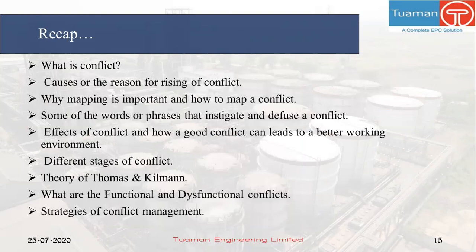What are the effects of conflict, the good, and how a good conflict can lead to a better working environment? What are the different stages of conflict? We have also covered the most important theory of Thomas and Kilmann. What are functional and dysfunctional conflict? And lastly, we studied the different strategies of conflict management.